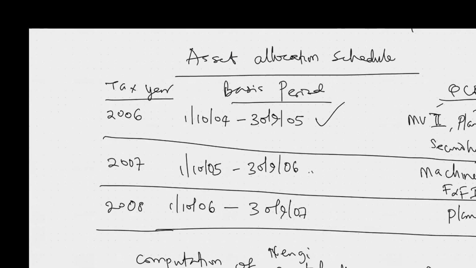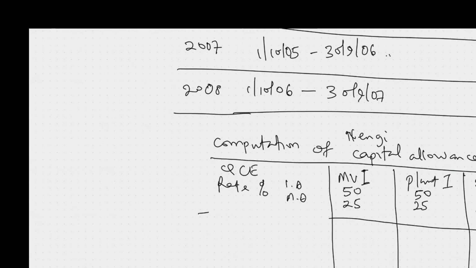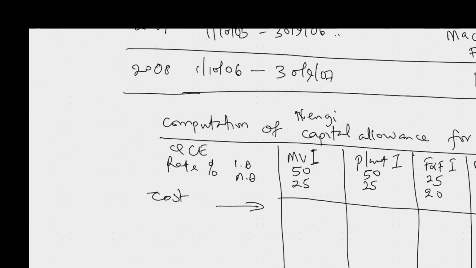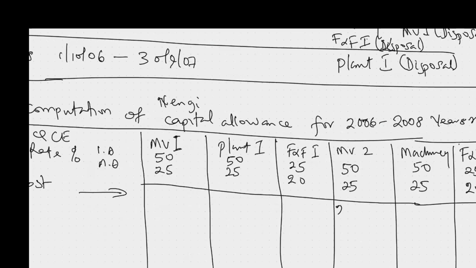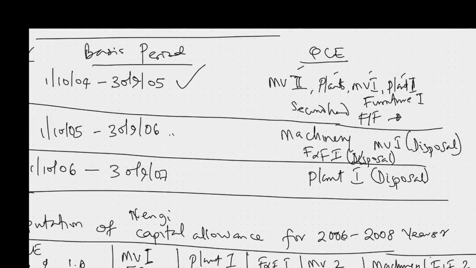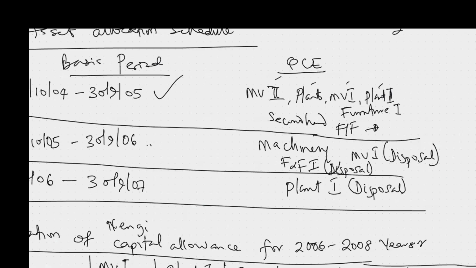So costs for the ones we acquired this year: motor vehicle two for 2 million. We acquired plant two, 1.8.